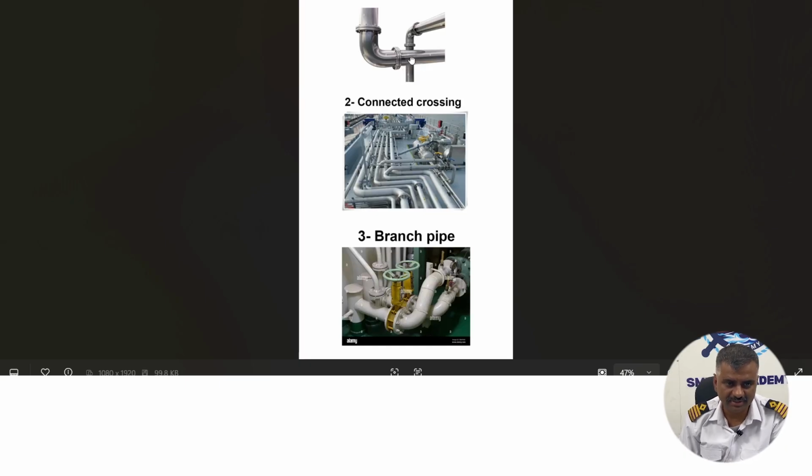So these pipes are not connected anywhere. When you see pipes like these in the engine room, you can call them not connected but crossing. They are crossing nearby and they are not connected. And how will they be indicated? They will be indicated with a dash.